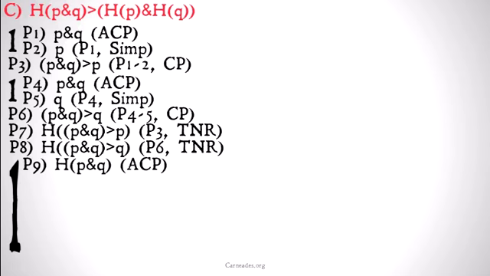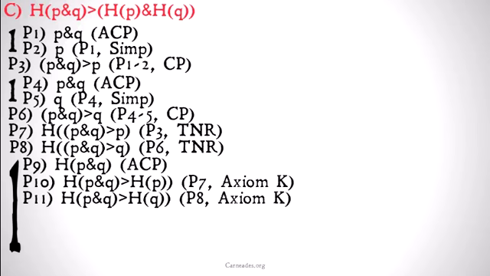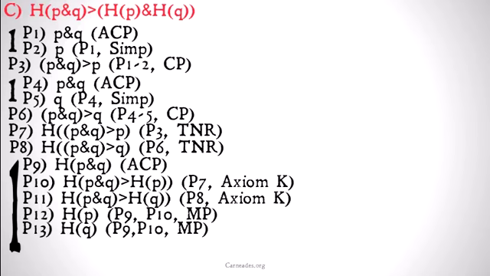Then we'll use an assumed conditional proof to assume the first half of our conclusion, that it has always been the case that P and Q. Then, using premise 7 and axiom K, we will conclude that this implies both it has always been the case that P and it's always been the case that Q. Therefore, using modus ponens, we can show that it's always been the case that P and it's always been the case that Q. Note that that second one should actually be premise 9 and premise 11, modus ponens.